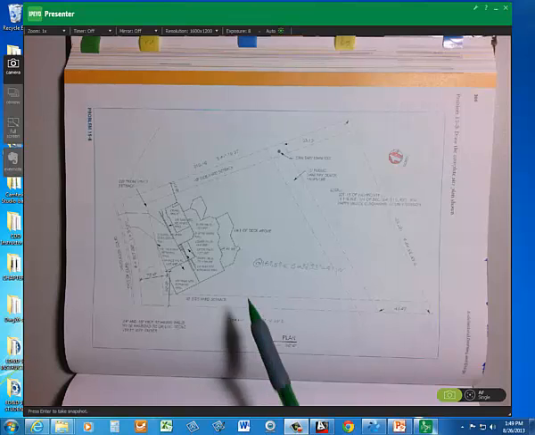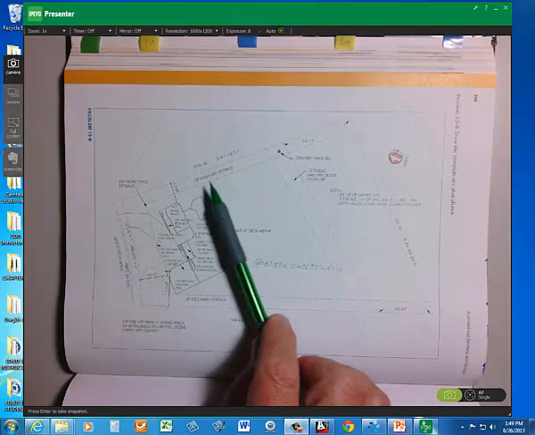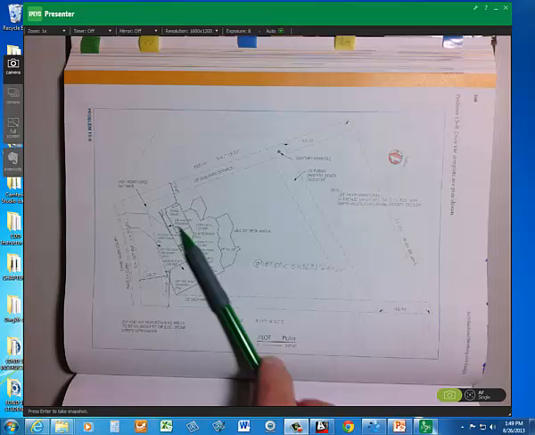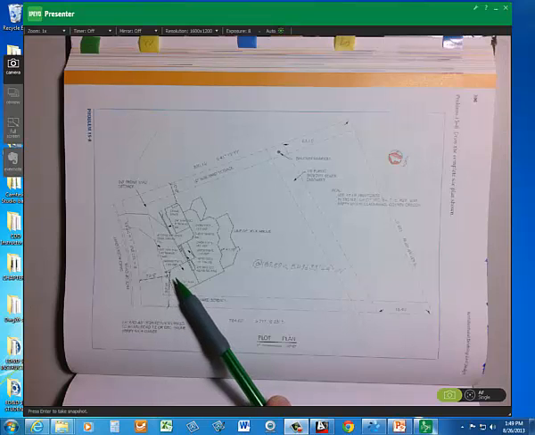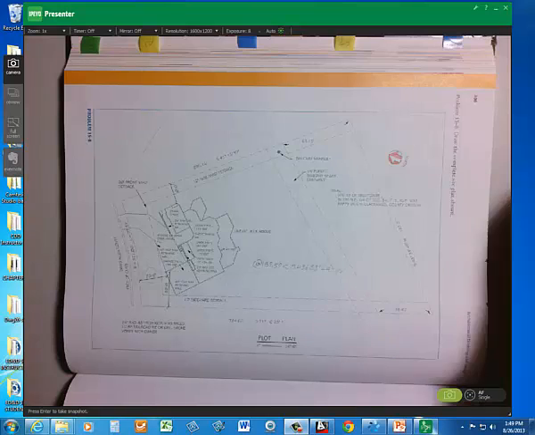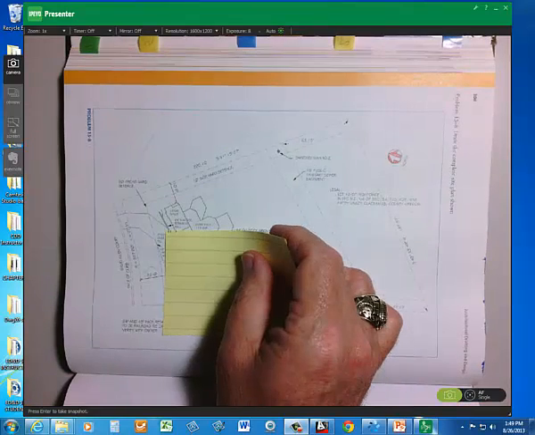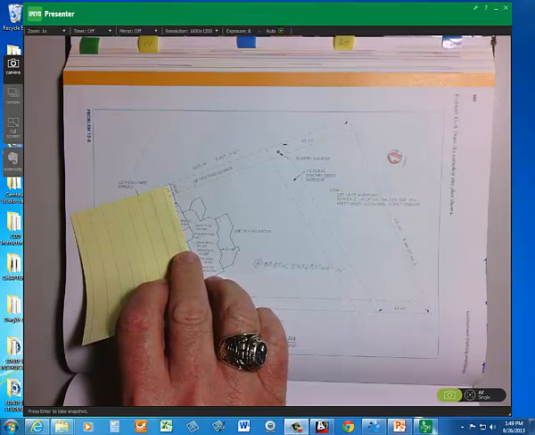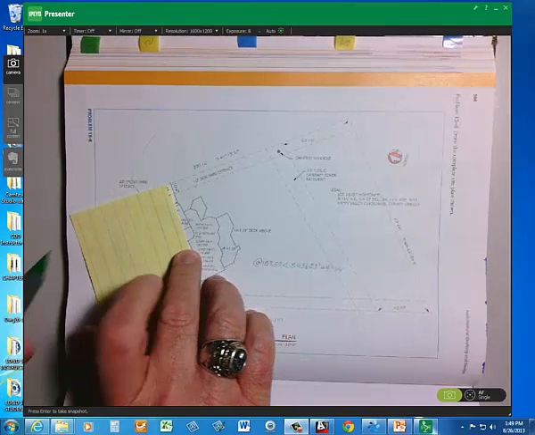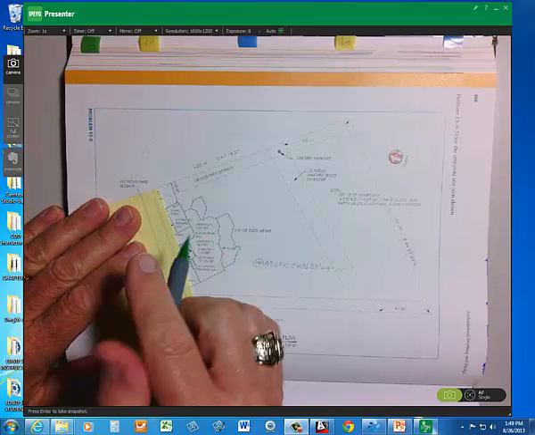Also, remember that you have to lay out this outline of the building and the retaining walls, and there aren't any measurements to go by. So you'll need to use a small piece of paper and set it to 10 foot, and then make some subdivisions on here.